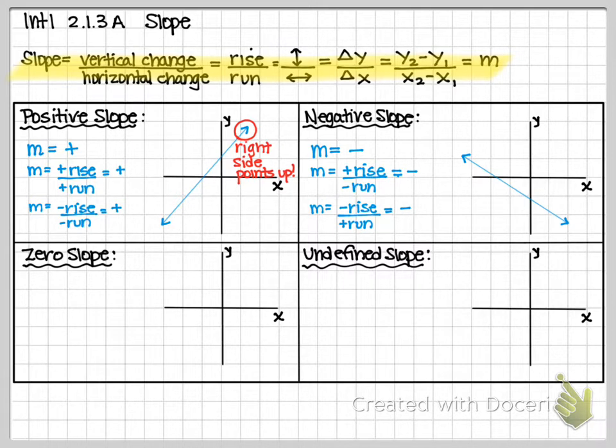You can look at it and go, did I get my slope right? Well, you'd have to double check the numbers, but you can also just take a look at which way the arrow is pointing. So it's the right side that we're talking about here. So the right side points down.